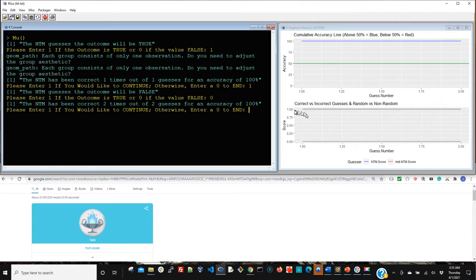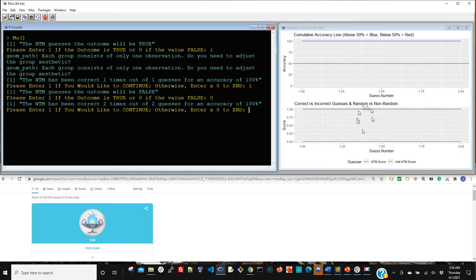And down here, you have another set of lines, and all this is saying is, on each choice, how did I do? The blue line is representing the machine and will always represent the machine on all graphs until the machine's cumulative accuracy drops below the 50% line, in which case it will switch red.